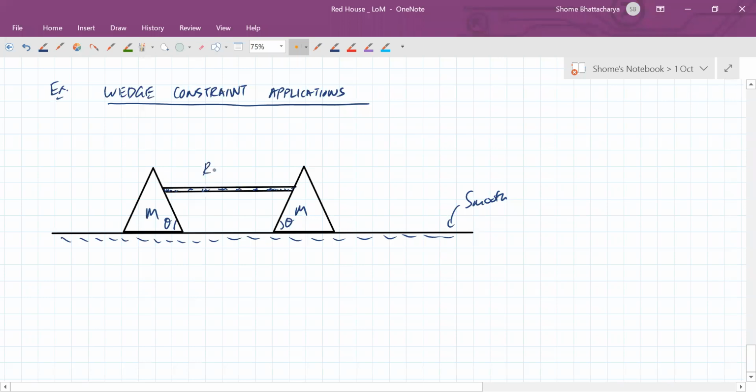So this is a rod of mass small m and length l. Given that capital M is equal to 5 times small m and theta is equal to 53 degrees, all surfaces are smooth, the system is released from rest.